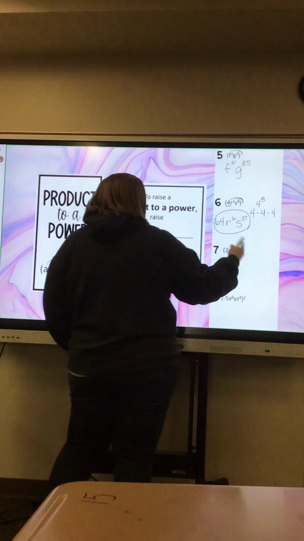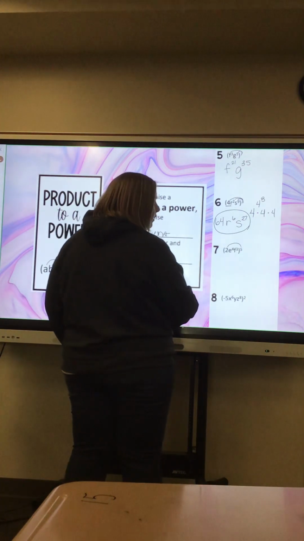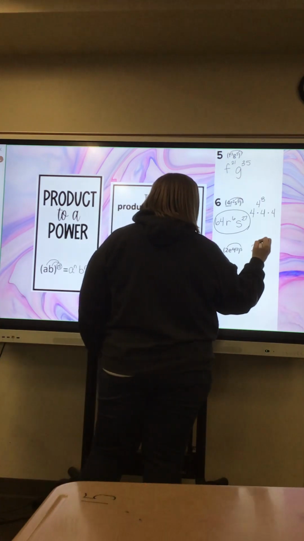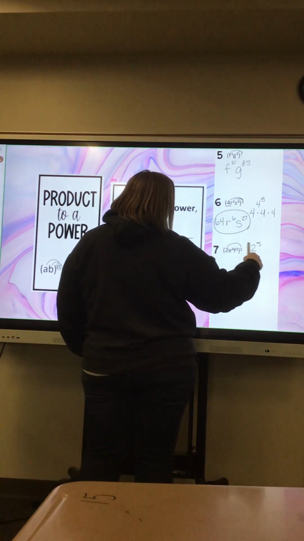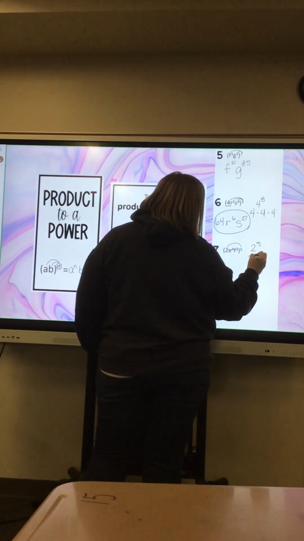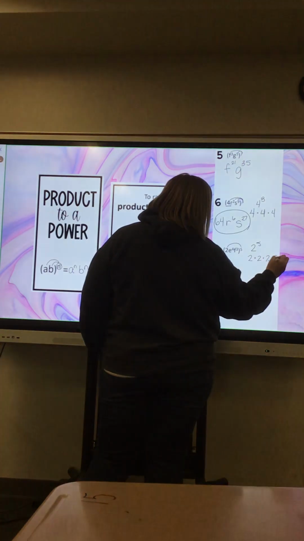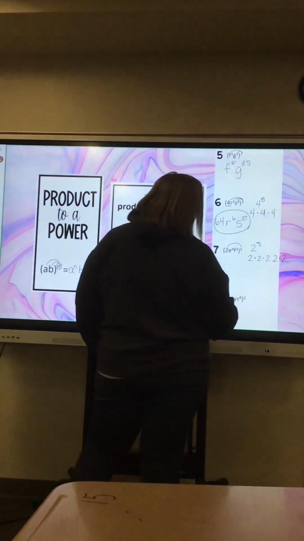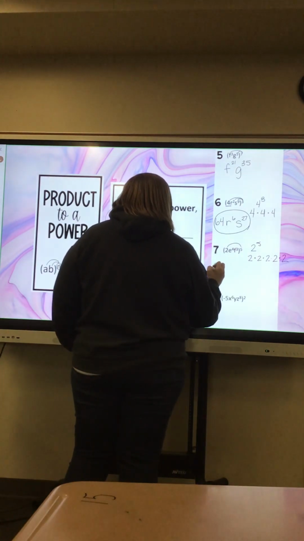Again, we'll do one more together. 5 has to be given to the 2, so that's 2 to the 5th. You can type this right into Desmos, or you can expand it. 2 times 2 times 2 times 2 times 2. And that ends up giving me 32.